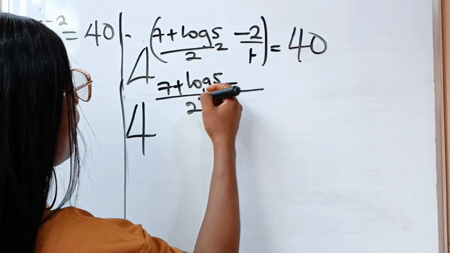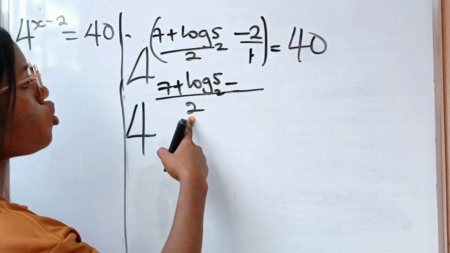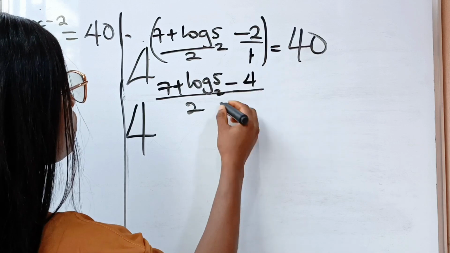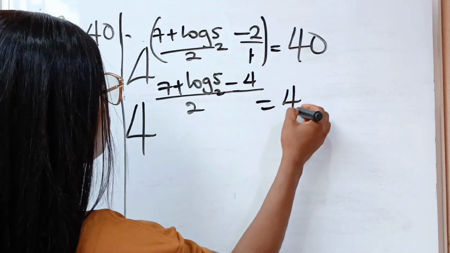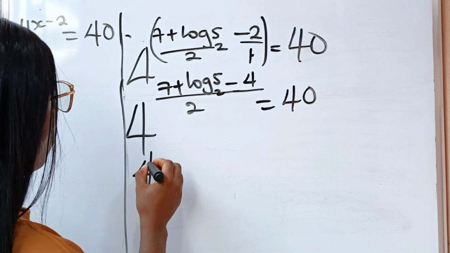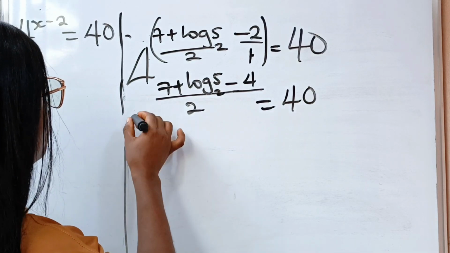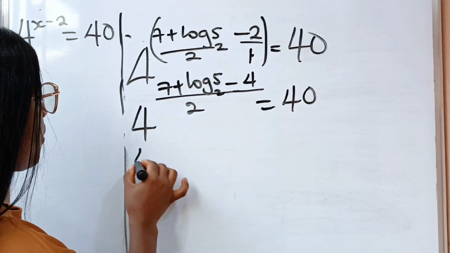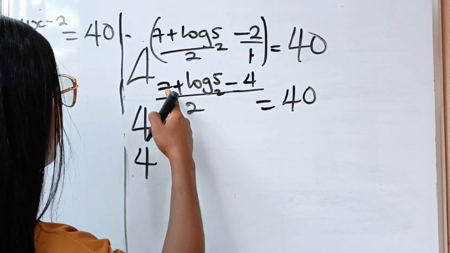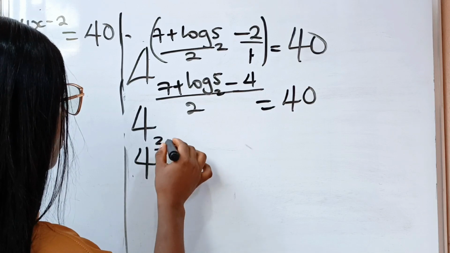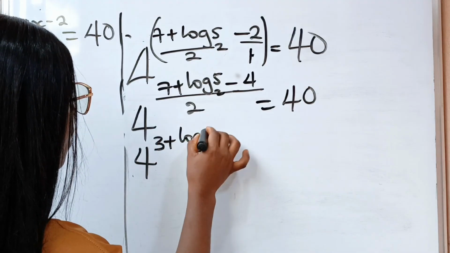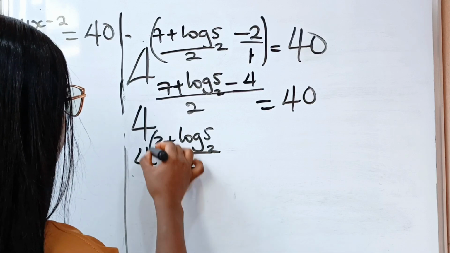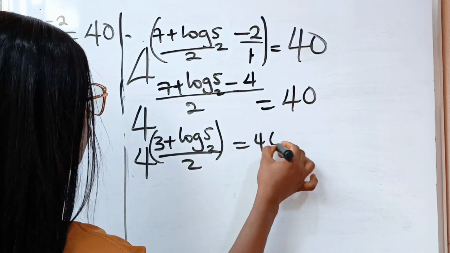Then minus 1 divides 2 is 2, 2 times 2 is 4. This is what we'll have, is equal to 40. So we have 4 to the power of 7 minus 4 will give us 3, plus log 5 base 2 divided by 2, is equal to 40.